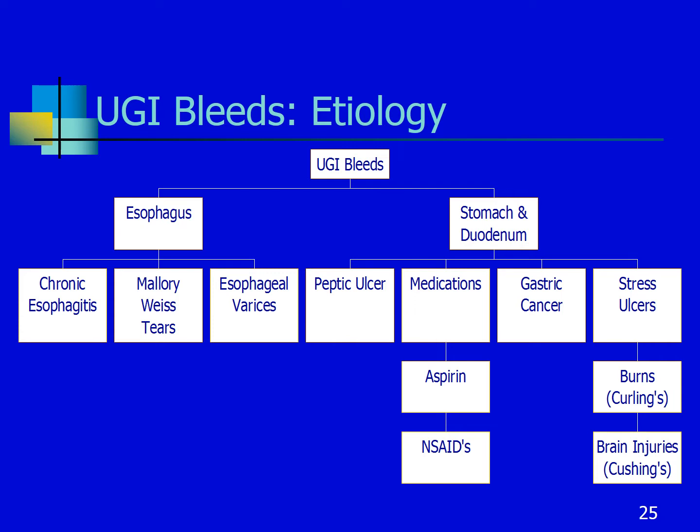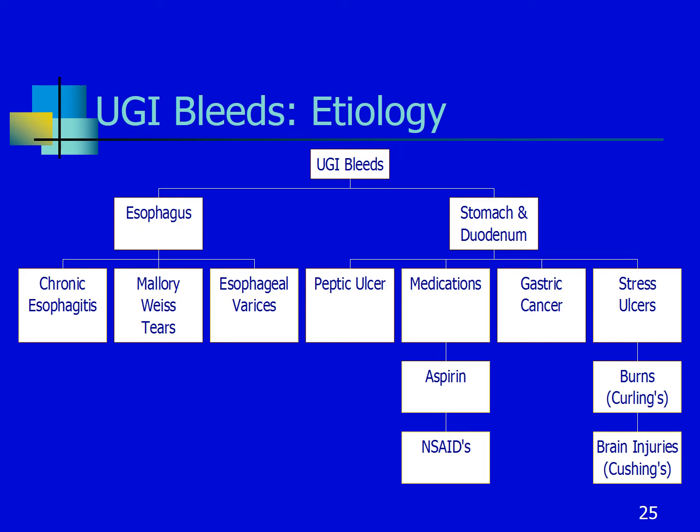And so this lower volume leads to ischemia, right? And for the Cushing's ulcer, this is usually because of the increased intracranial pressure. But the physiology is the same, the names are different. Burn, we call Curling. Brain injury, because of increasing intracranial pressure, we call it Cushing's.